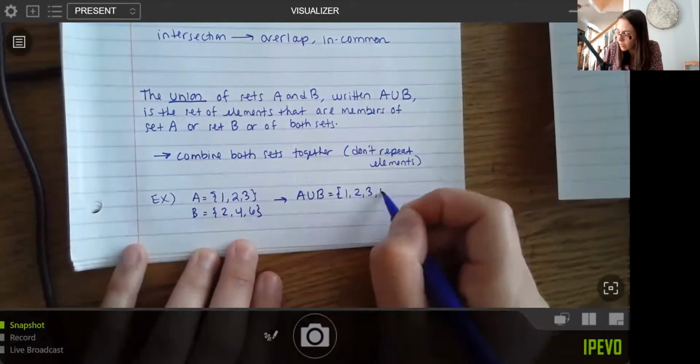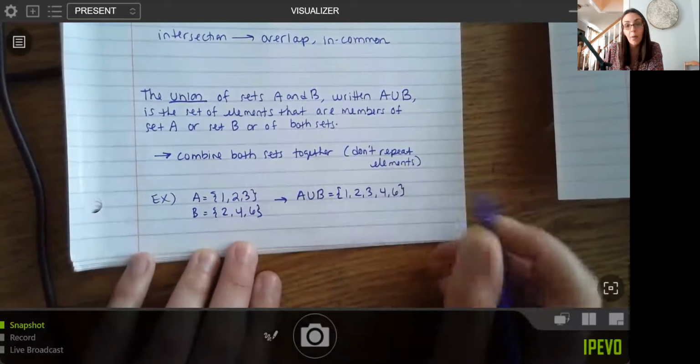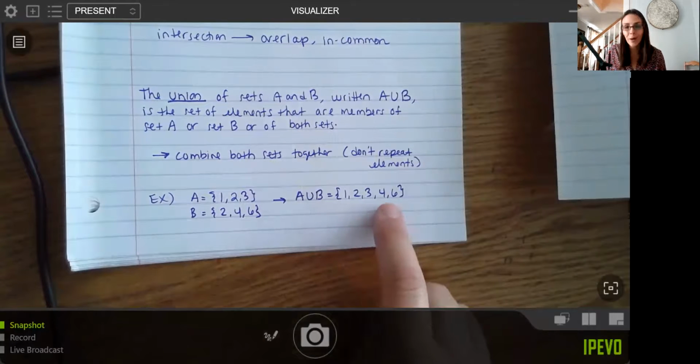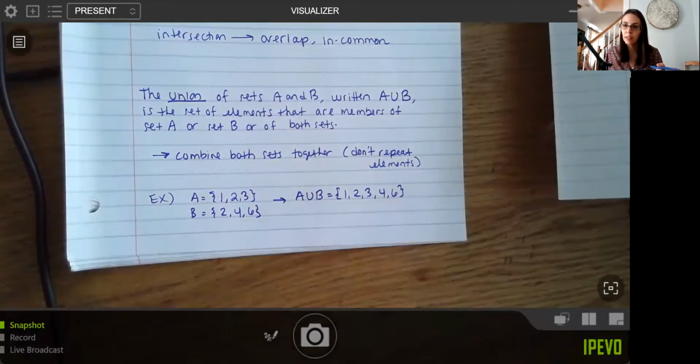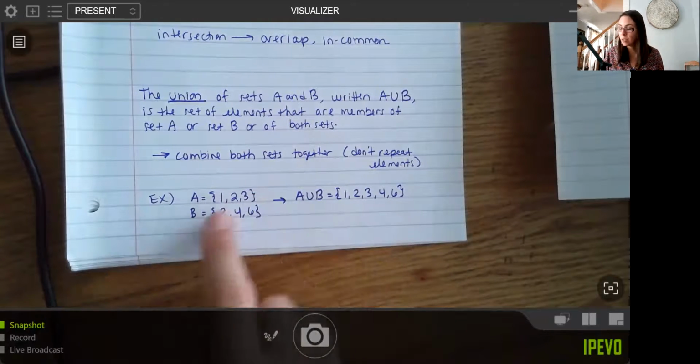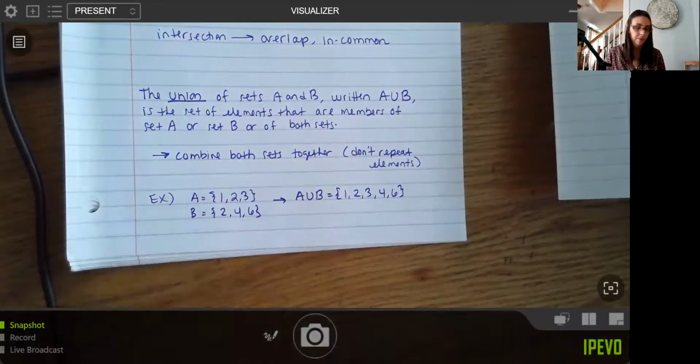So I just attach 4 and 6. That would be our union. You don't actually have to put the elements in order, which is kind of nice, although most people do. It is pretty standard to put them in order, but you don't have to. So this is how we can write our union. Basically, just combine your two sets, but don't repeat.